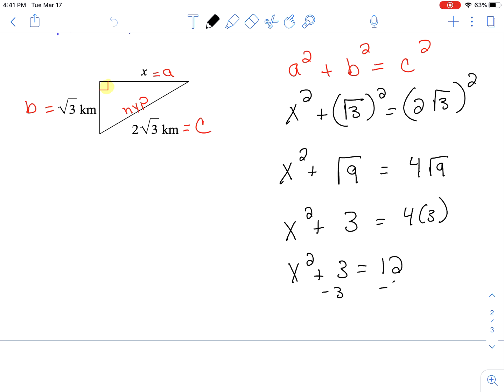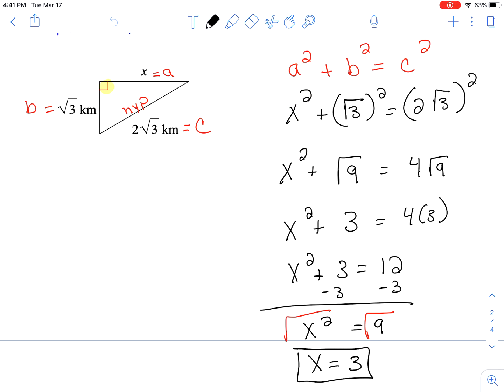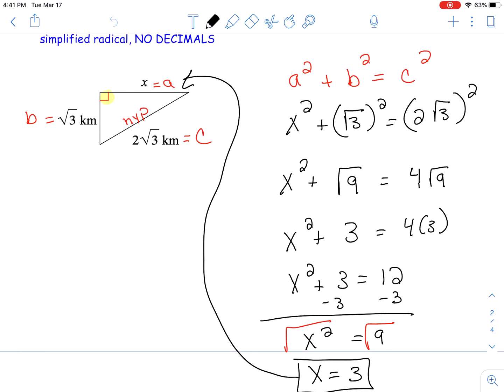Subtract 3 from both sides, and I get x squared is equal to 9. Take the square root of both sides, and that leaves me with x is equal to 3. So the unknown side is x is equal to 3. If this is confusing up here, you can look and see that this is really radical 3 times radical 3. This is really 2 radical 3 times 2 radical 3.